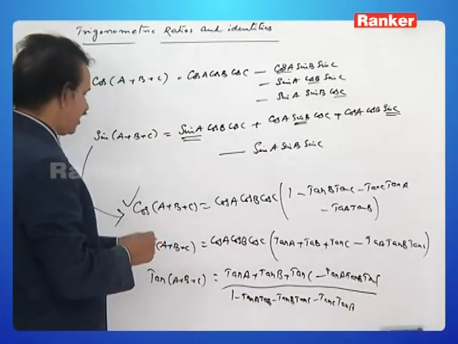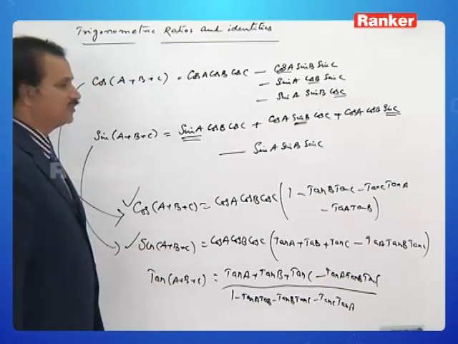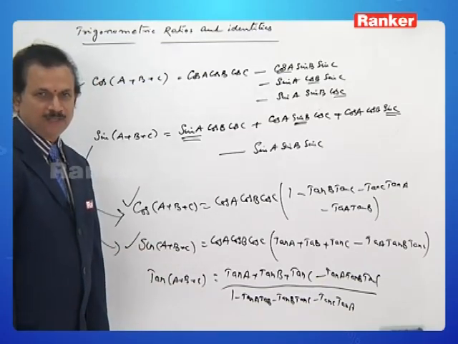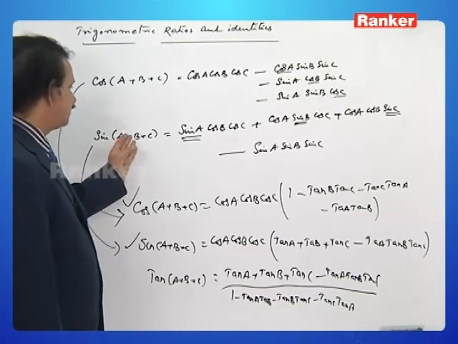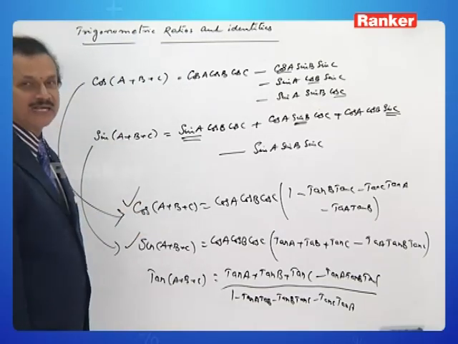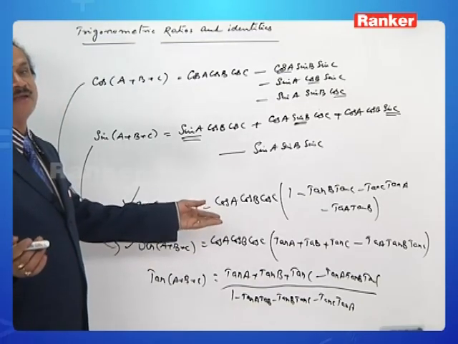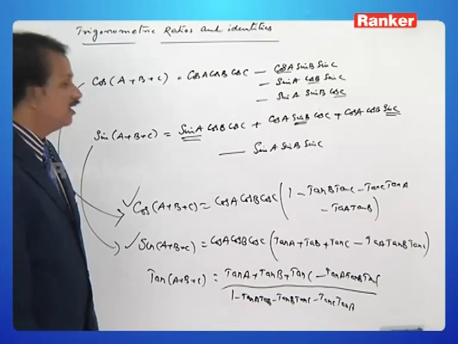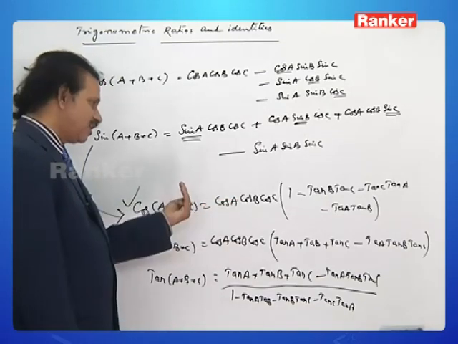So with the help of sine of A plus B plus C and cos of A plus B plus C, we are able to have tan of A plus B plus C directly. Isn't it? Please do not forget that both sine of A plus B plus C and cos of A plus B plus C could be written in terms of tan A, tan B and tan C, of course by getting cos A, cos B, cos C out as a common factor.